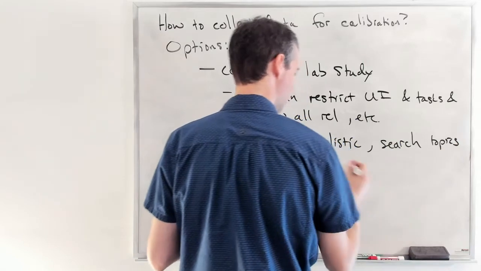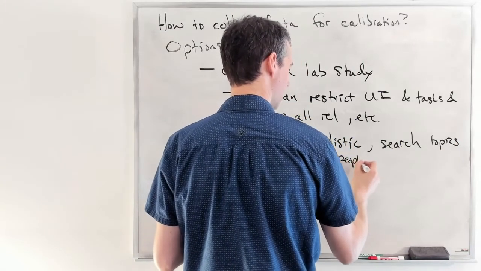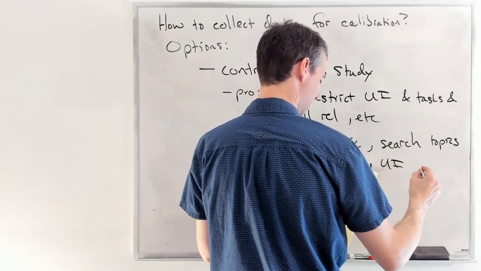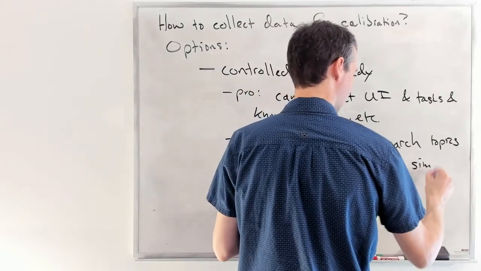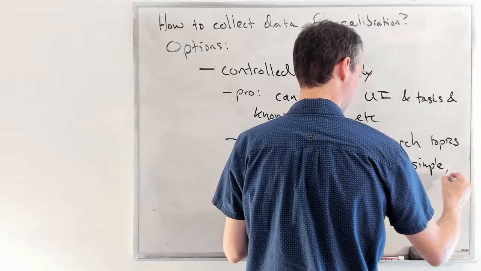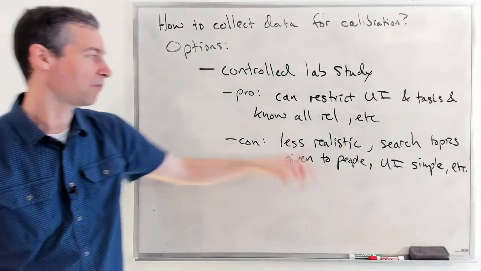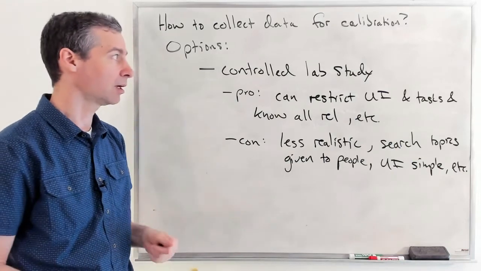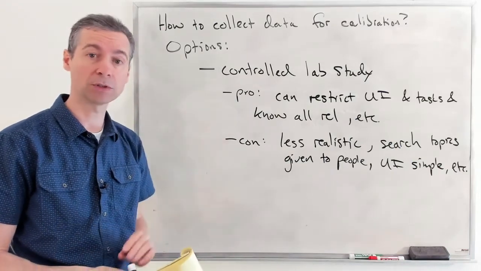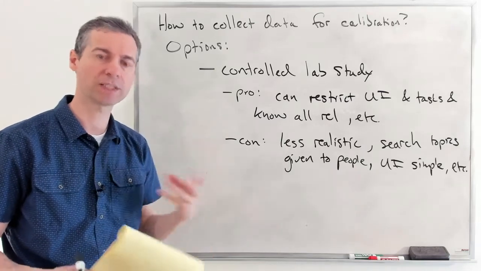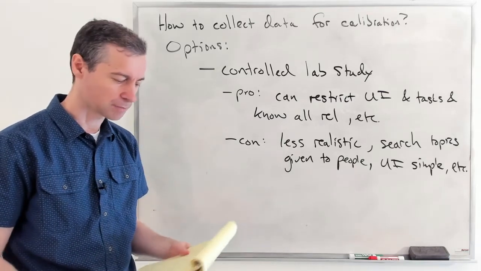It's not something that they are in control of because we're controlling everything. And so that's unrealistic. The UI is definitely simplified, etc. There's a whole bunch of stuff there that affects this realism. But we gain all this control, and we're able to really make sure that we make very good measurements about what is actually happening on it.